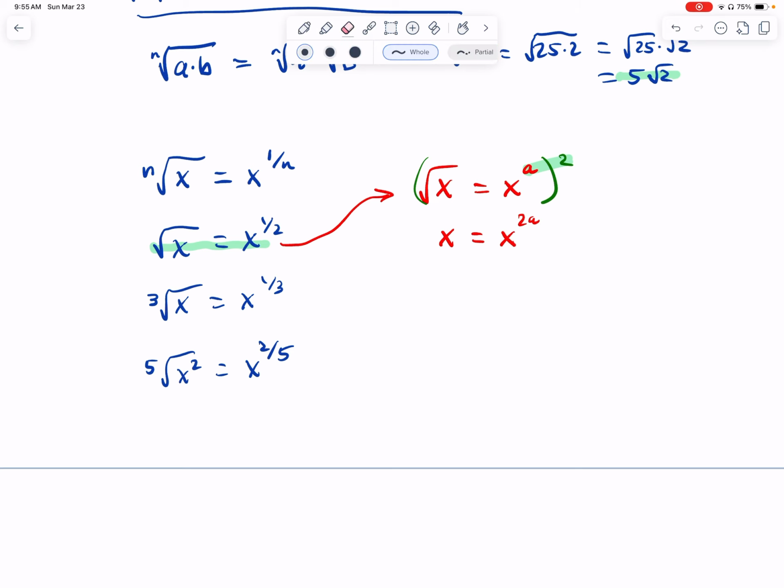On the left-hand side, my exponent is an implied 1. Now I'm just going to equate these two exponents. On the left-hand side I get 1. On the right-hand side I have 2a. And if I divide both sides by 2, I have a is equal to 1/2. In other words, the square root of x is the same thing as x raised to the 1/2 power.